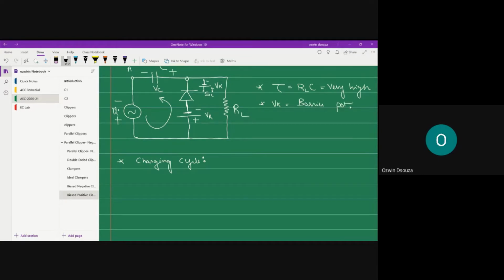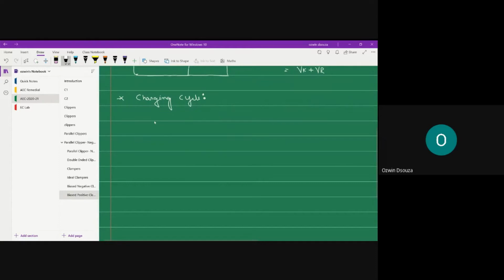Now, if you observe the connection sequence of Vk and Vr, you see that both Vk and Vr are trying to send the current in the same direction. So in the next observation, you can write net DC potential is equal to Vk plus Vr. For the charging cycle, we will redraw the circuit by substituting the diode's equivalent model.